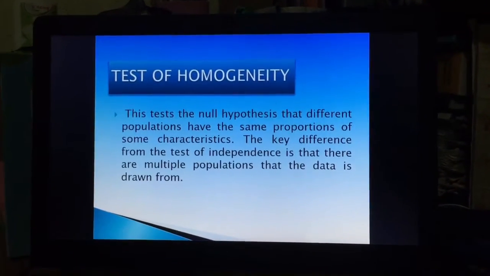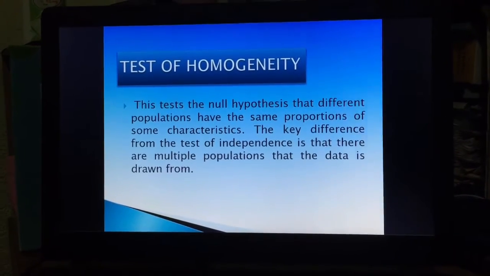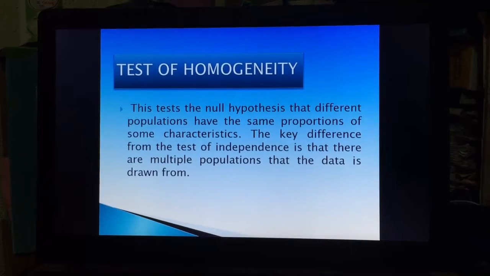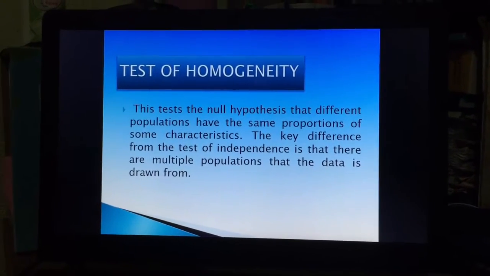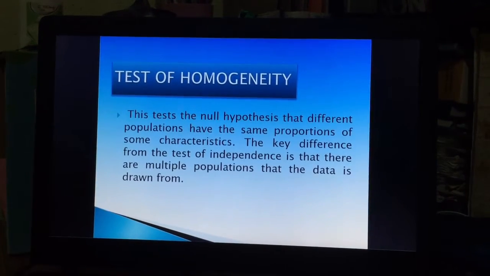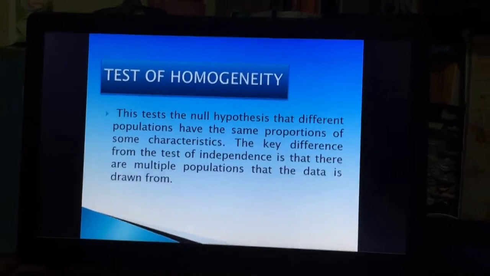Next is the test of homogeneity. This tests the null hypothesis that different populations have the same proportions of some characteristics. The key difference from the test of independence is that there are multiple populations that the data is drawn from.